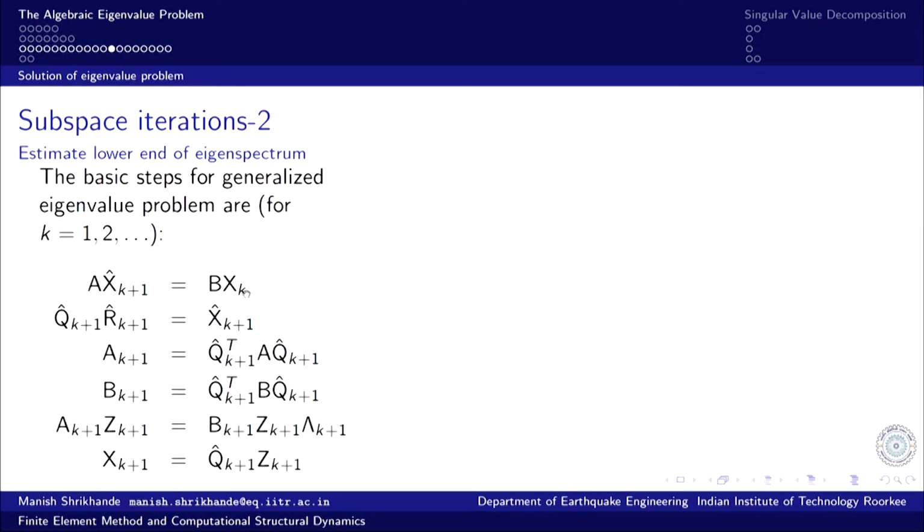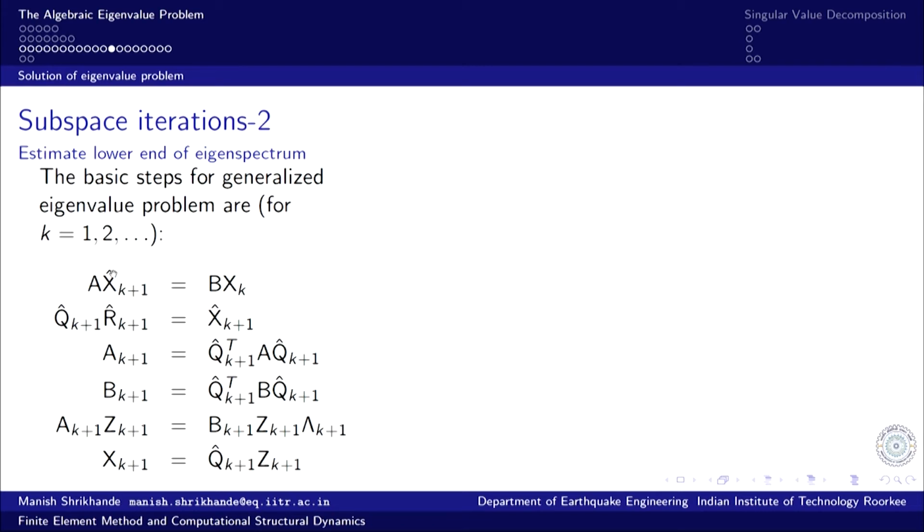Starting with trial vector x k, we find b times x k and then find the new trial vector x k plus 1 hat by solution of this system of equations.